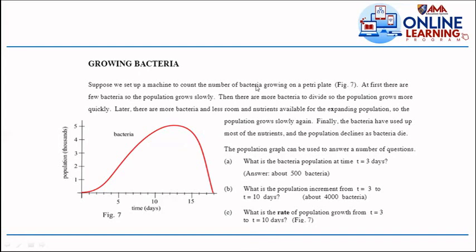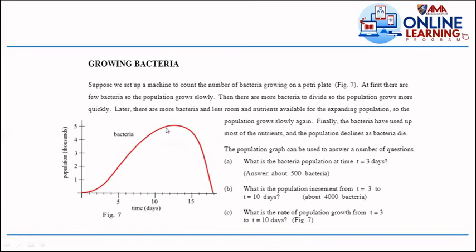So this is now our figure 7. Your vertical line represents the population of your bacteria, and your horizontal line represents the number of days po dito. And this is now the growth of our bacteria. So pag titingnan po natin, nung una, medyo kaunti pa siya pero mabilis dumami. Okay?